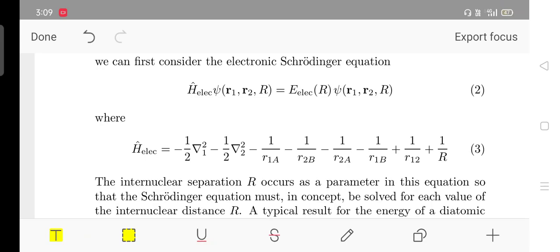This is the Hamiltonian for the electronic system.